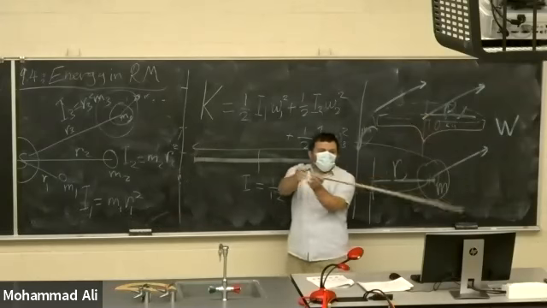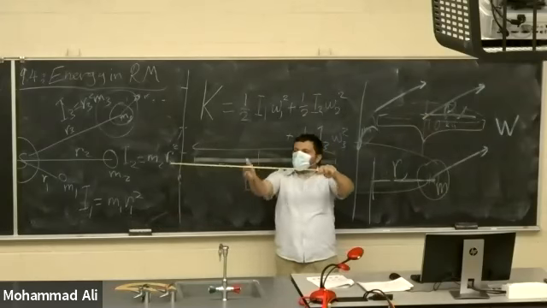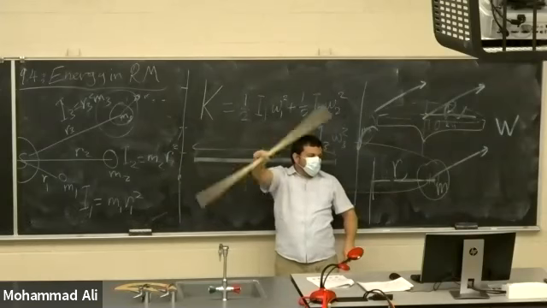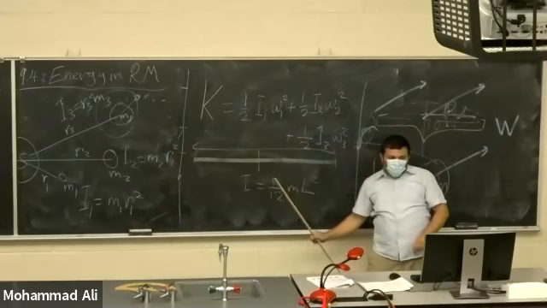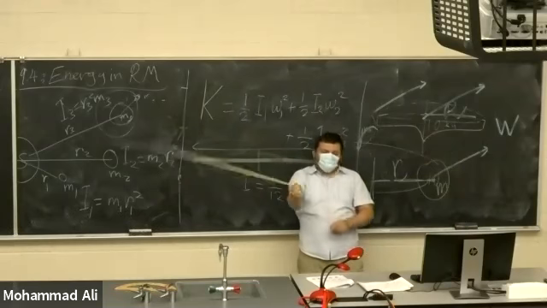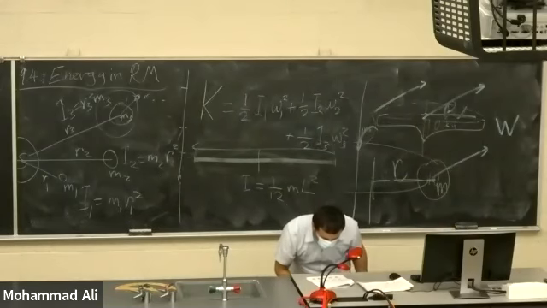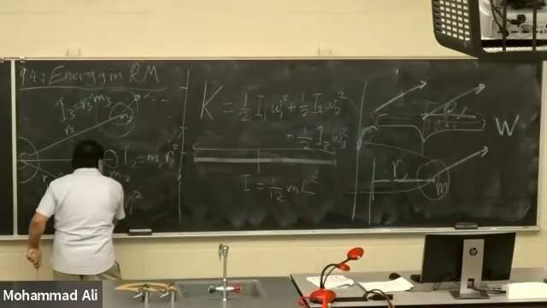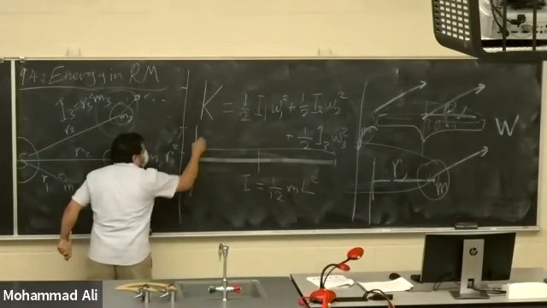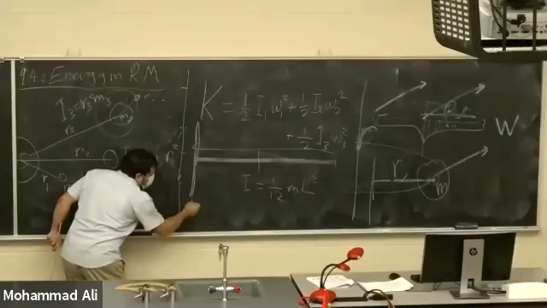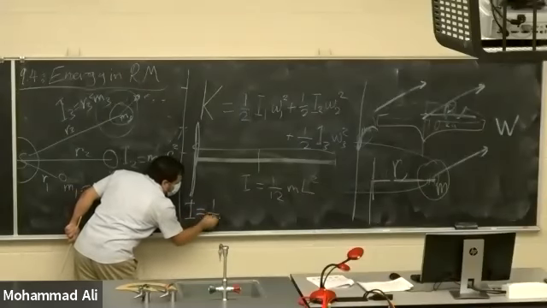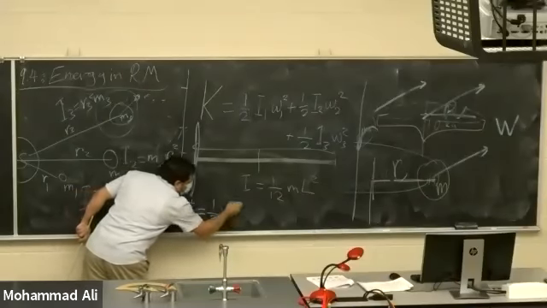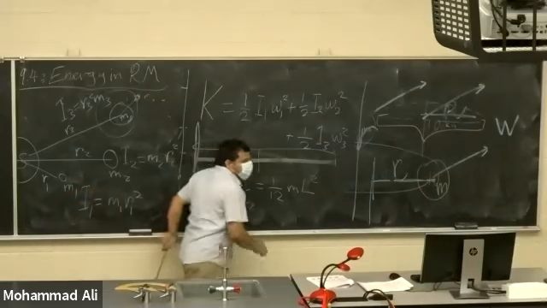If we need to rotate it like this, not like this. Like this, it is 1/12. But like this, it is 1/3. If we need to rotate it around its edge, I will be equal to 1/3 ml squared.